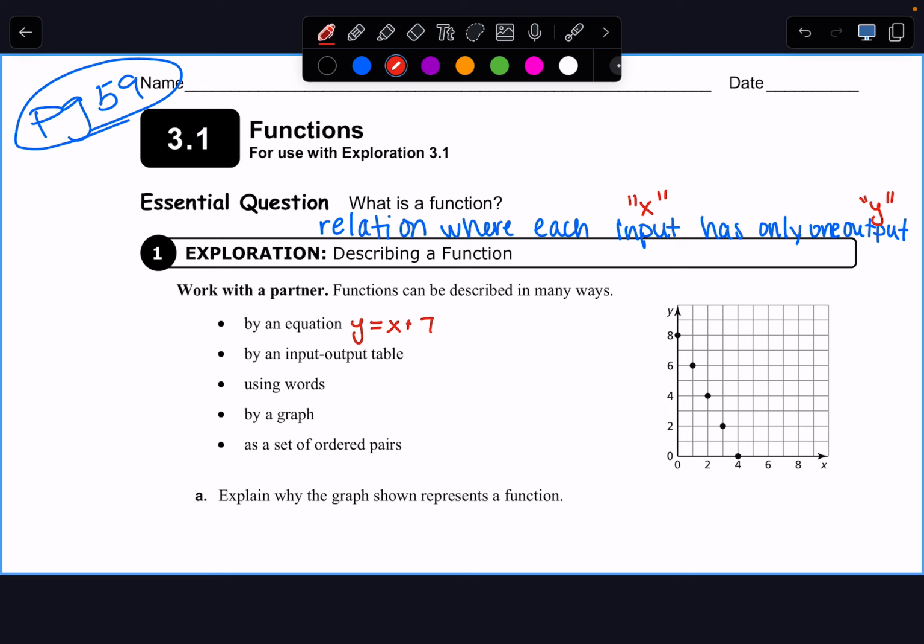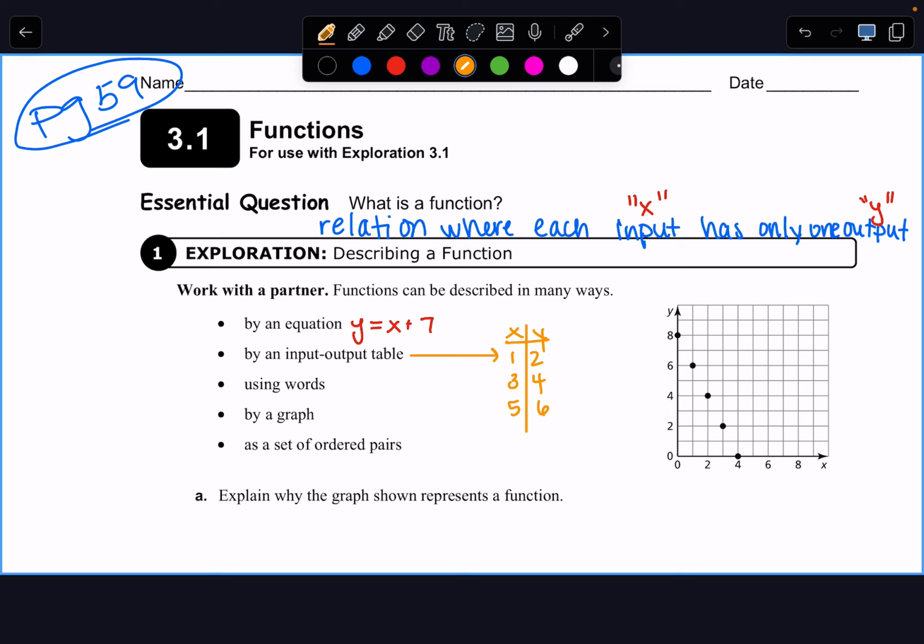Now, I could give you an input-output table, okay? What does that look like? Basically, we have an XY chart, where I have coordinates saying here's my X, here's my Y. Here's my X, here's its Y. So in this table, when my input is 1, my output is 2.